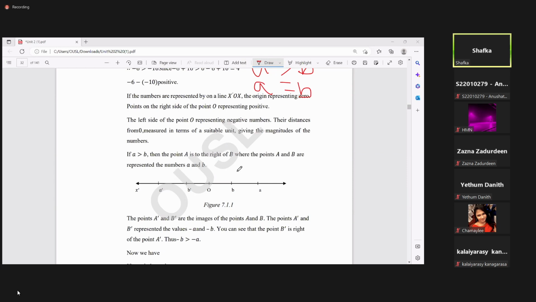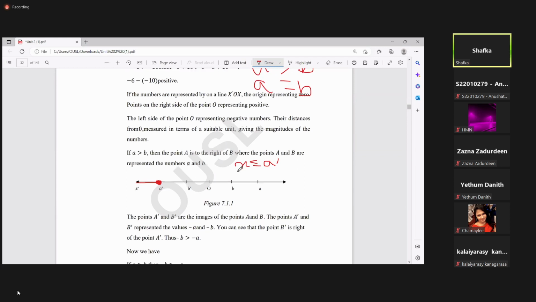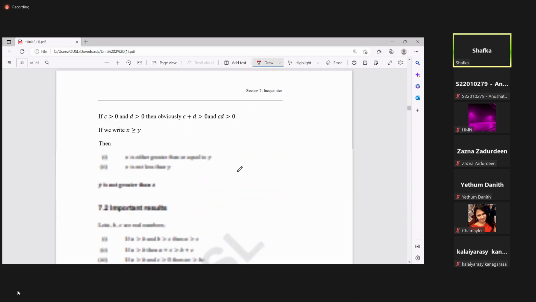If we have a number x less than or equal to a, we have to represent it with a colored circle and you have to mark the region. Last time I explained these basic things in the first theory discussion. So let's move straight to the important results.